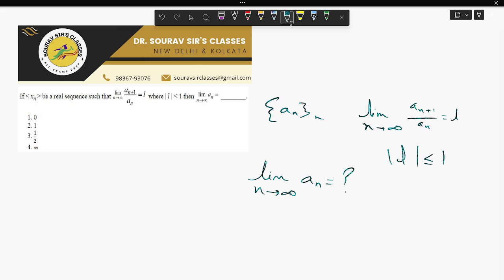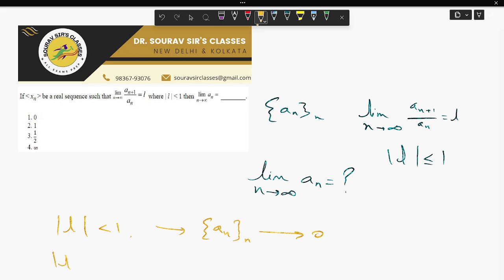So now we are going to analyze the given limit. The limit n tends to infinity, a(n+1) upon an is equal to L, tells us about the ratio of consecutive terms of the sequence. Specifically, we can say that if the mod of L is less than 1, then the sequence an converges to 0.